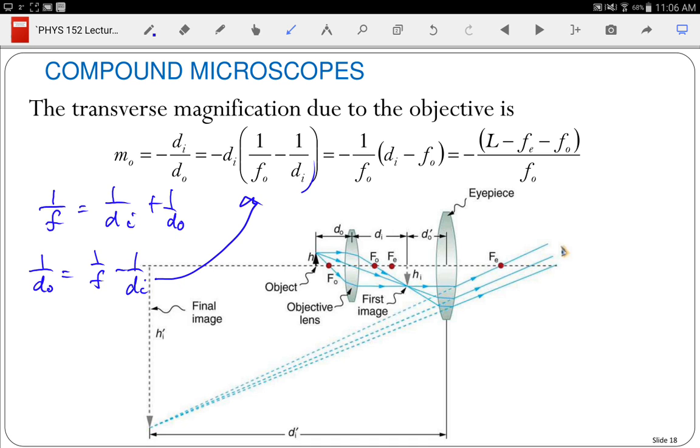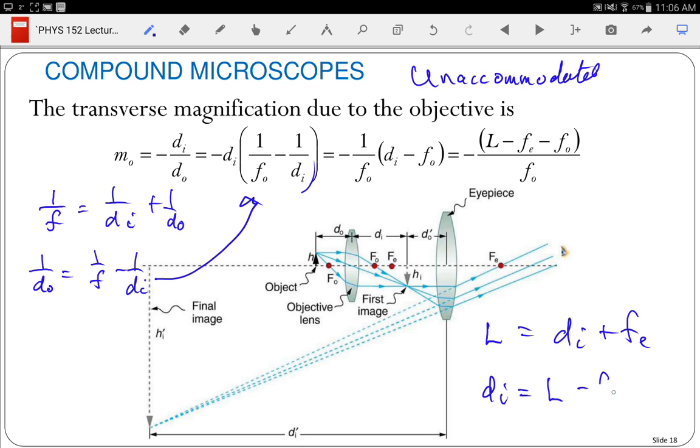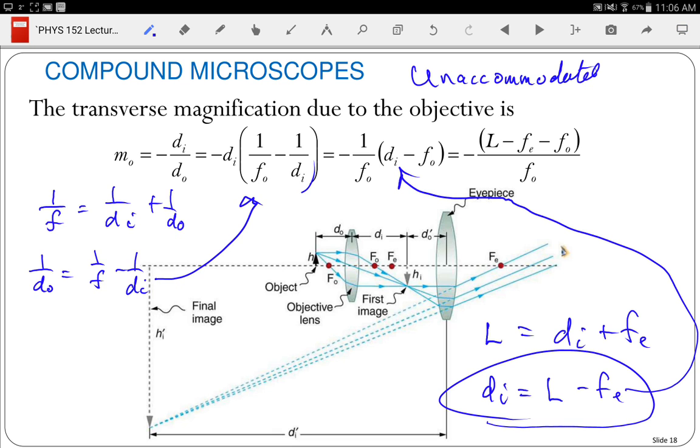Now this picture is actually showing accommodated vision, but my calculation is for unaccommodated. So I'm going to write up here, for unaccommodated, the length is equal to distance image plus focal length of the eyepiece, which means the distance image is equal to length minus focal length of the eyepiece. So this here was substituted in right there.